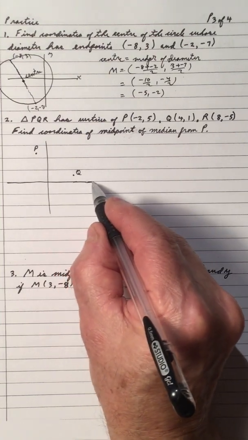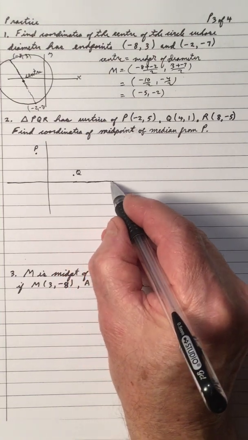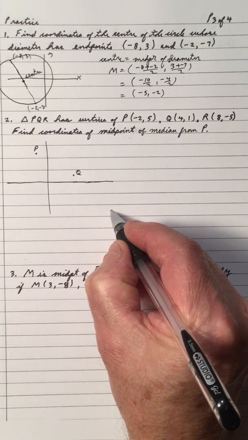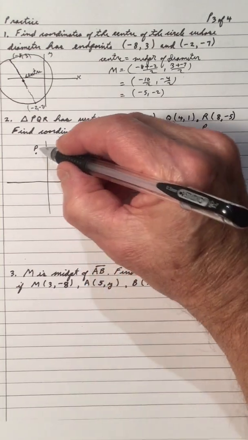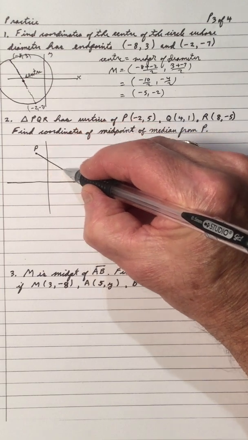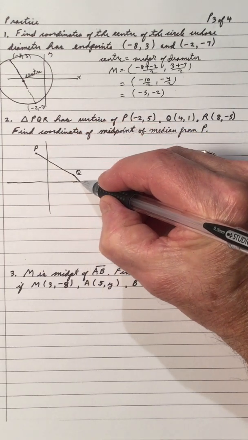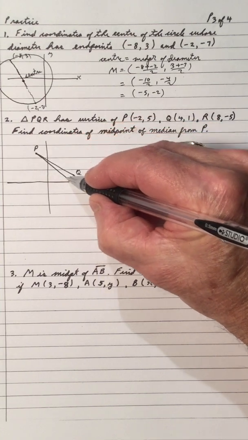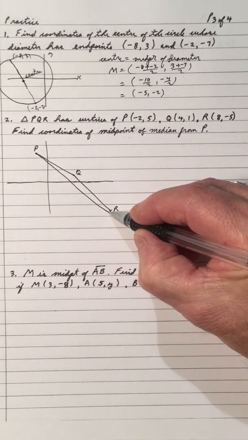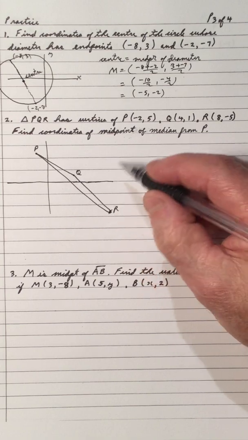So 8 is twice as far over and 5 down. Let's pretend that that's right there. So there's R. So we have a triangle, PQ, QR, and I'll join this up.